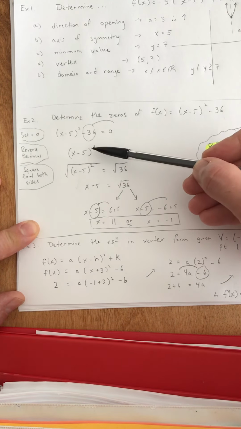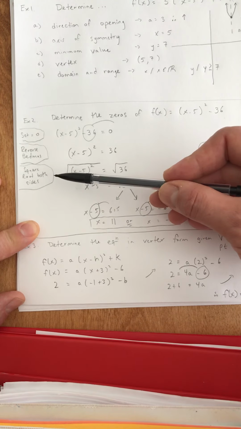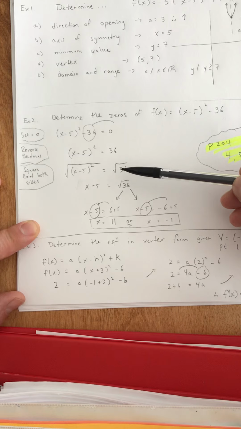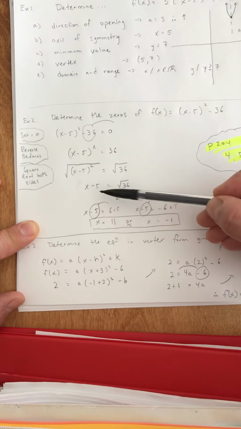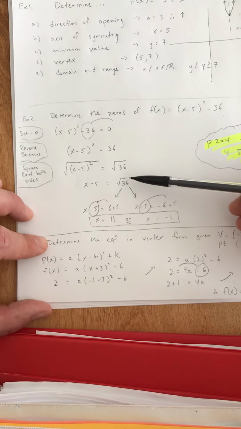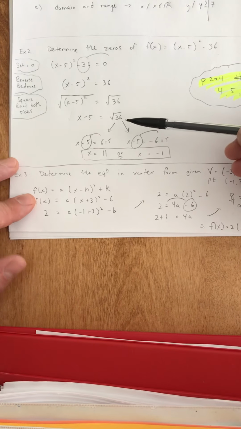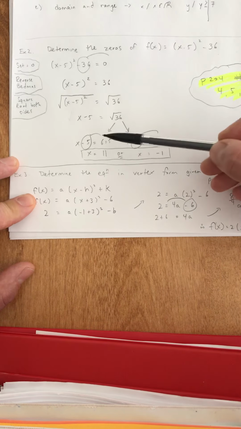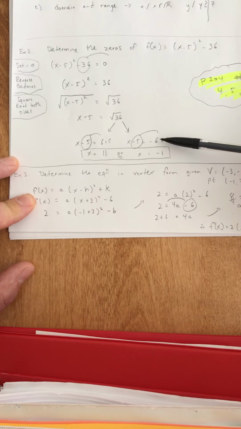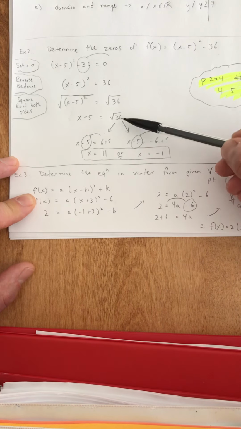The opposite of squaring something is to square root it. So if you square root one side, you've got to square root the other. The square root of all this just becomes the x minus 5 and the square root of 36. Now the square root of 36 has 2 values. It has positive 6, and it has negative 6, because negative 6 squared is also 36. So here's where you branch your 2 answers.